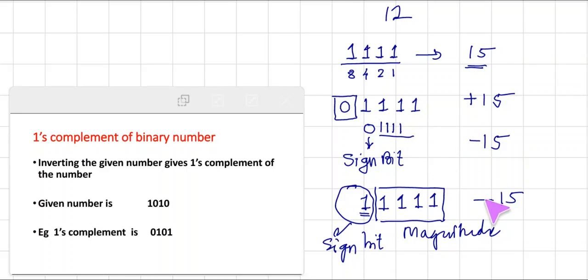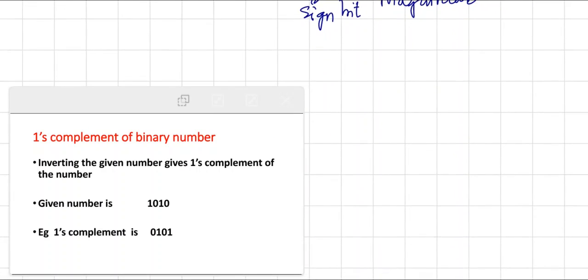And for negative 15, I need to add sign bit 1. What if I don't want to use this method? Another method to represent negative and positive numbers is ones complement form. Instead of using this method, we can use the ones complement of a binary number.